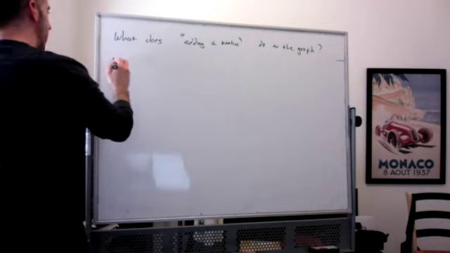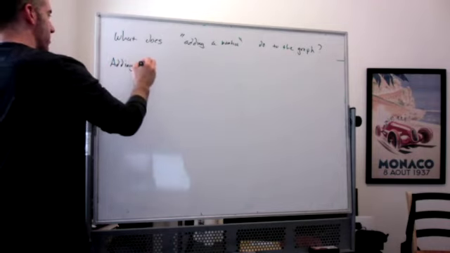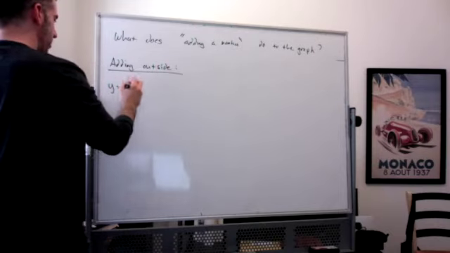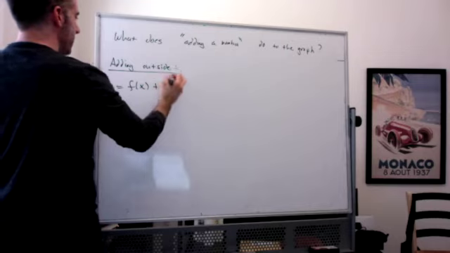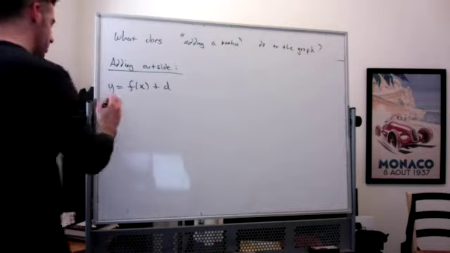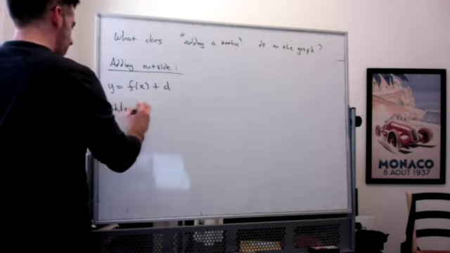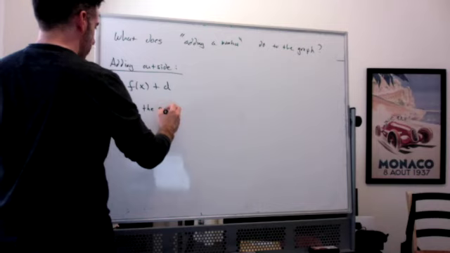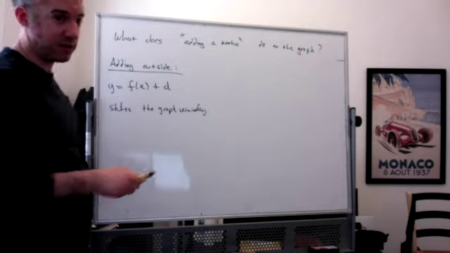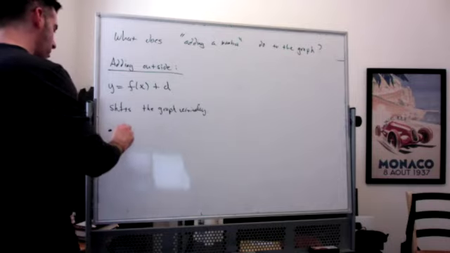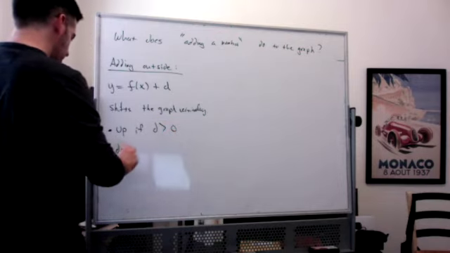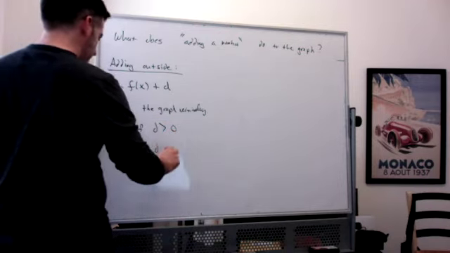So if we add outside, like this, y equal to f of x plus d, that's going to shift the graph vertically. Specifically, it's going to shift it up if d is positive. It's going to shift it down if d is negative.